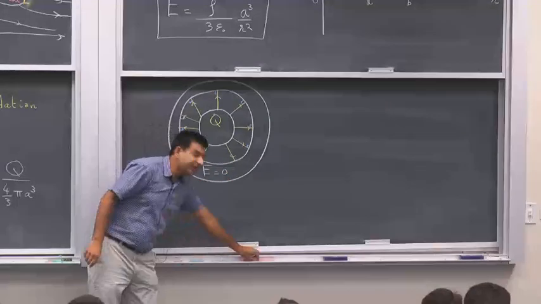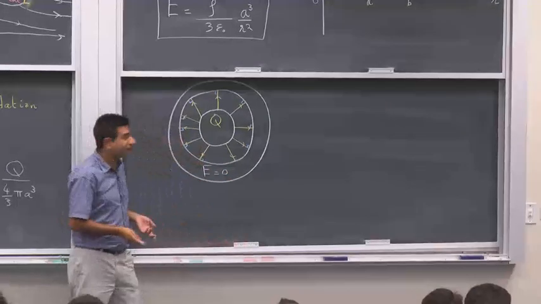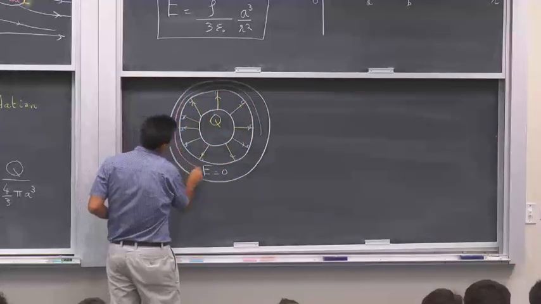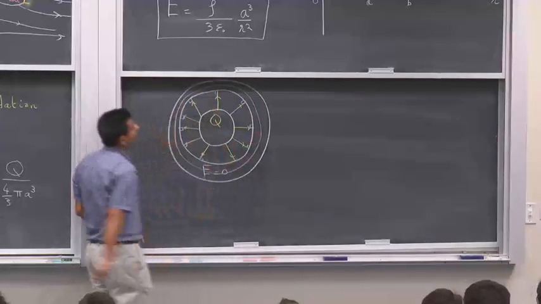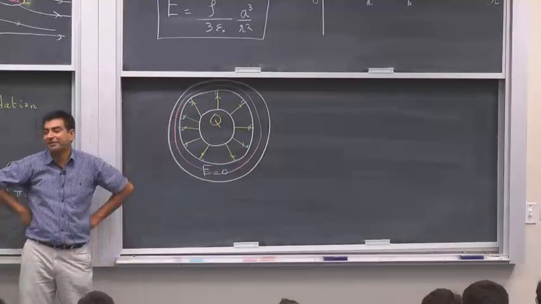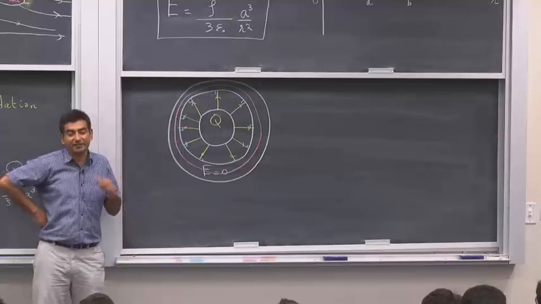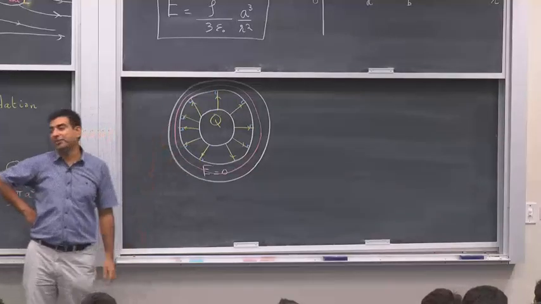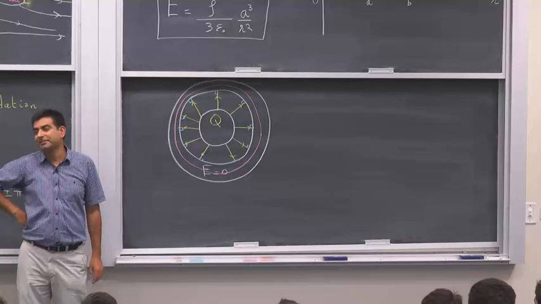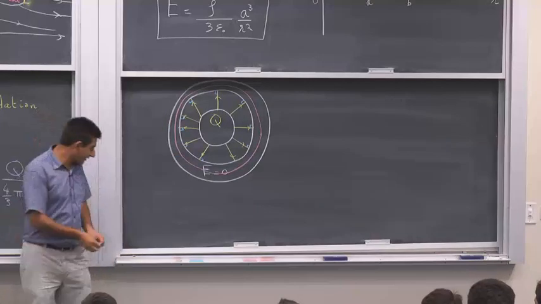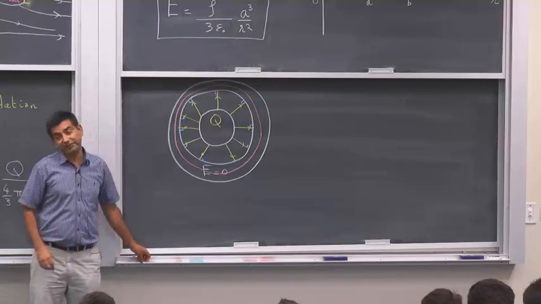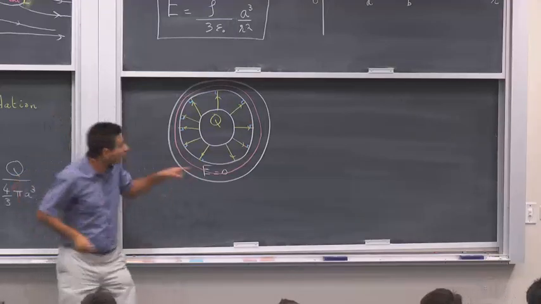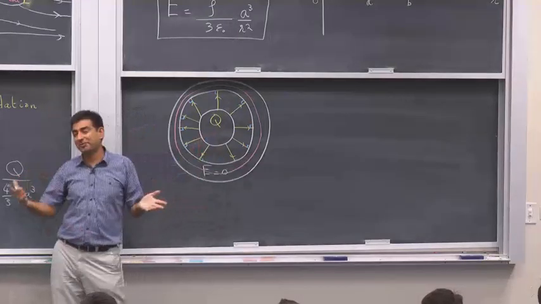If I were to draw a Gaussian surface inside the interior of this metal, which I've drawn in pink here, the total flux through this Gaussian surface has to be zero. Because the electric field is zero at all of these points, the flux has to be zero.